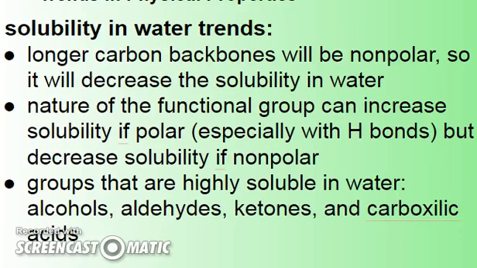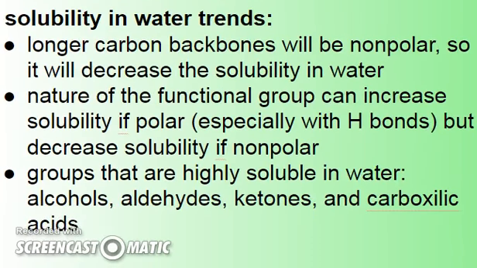And then solubility in water, we see the opposite trends because water is highly polar. So longer carbon backbones are going to be nonpolar, so it's going to decrease solubility in water, which is the same as volatility, it decreases. But now polarity is a plus, so the more polar the group, the more soluble it's going to be. So now your alcohols and carboxylic acids are going to be highly soluble in water, the most soluble.